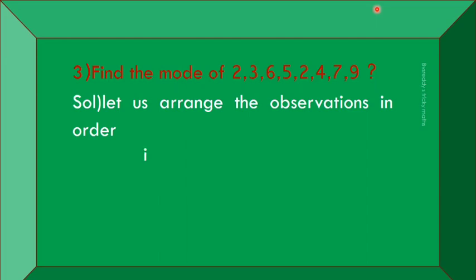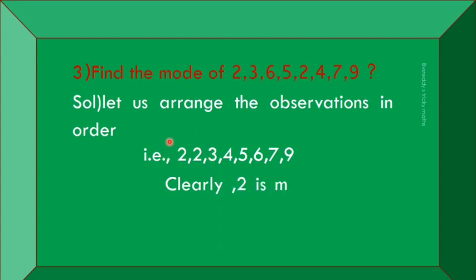The first smallest number is 2, another 2 is also there, and 3, 4, 5, 6, 7 and 9 are also there. So let us check the numbers. 2 comes 2 times and all the remaining come 1 time. So clearly 2 is the mode.